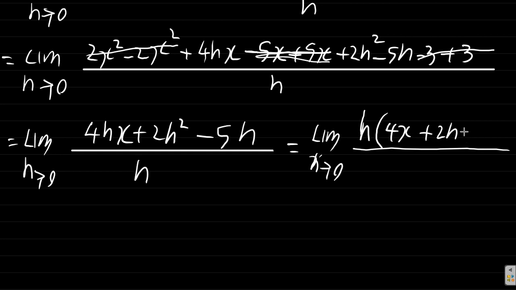When you take out h, minus 5h here, we're going to have 5 over h. h will cancel h. Alright? h cancels h.